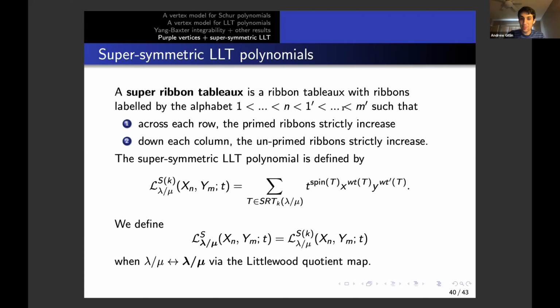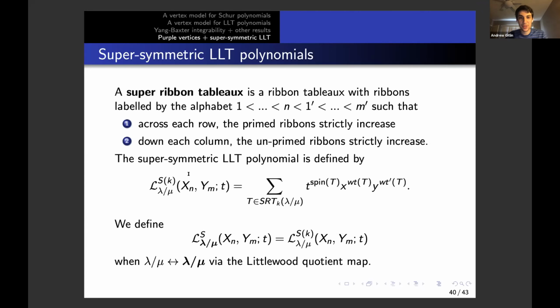Namely, the primed ribbons have to strictly increase as I go across the rows. And going down a column, all the unprimed ribbons have to strictly increase. So normally, if I didn't put these conditions on, all I would require is that the ordering weakly increases. But I put these two extra conditions on. Across rows, primed ribbons have to strictly increase. Down columns, unprimed ribbons have to strictly increase.